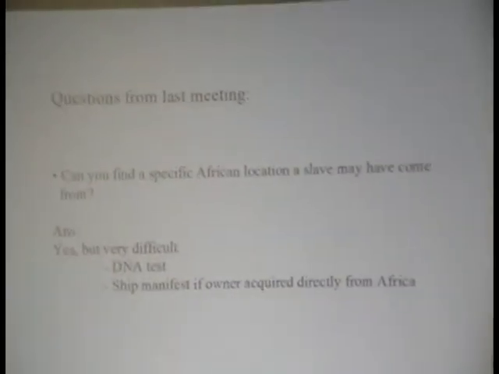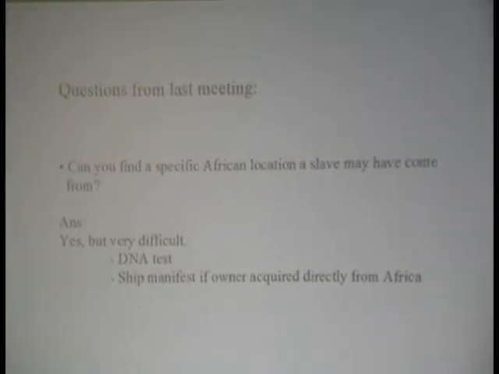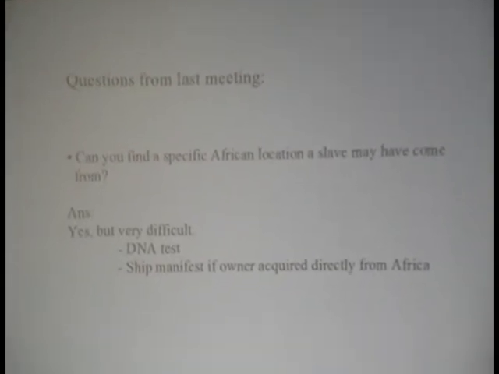The last question is, can you chase your ancestors back to where they came from in Africa? If they came from Africa, the answer to that question is yes, but very difficult. I know of a couple of ways you possibly can do it. Theoretically, but I'll take the easy one first. Do a DNA test. That DNA test will take your current genealogical path and test it against a database from Africa to see if you get a match.